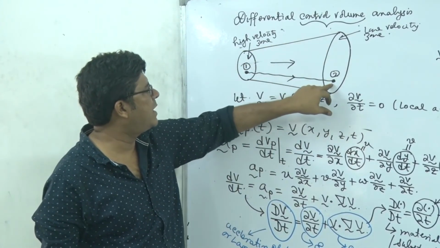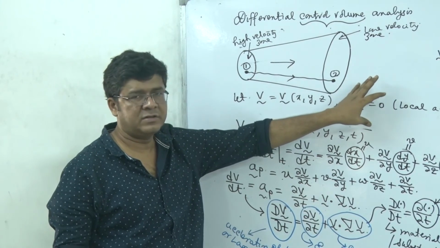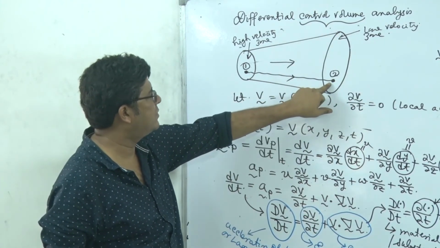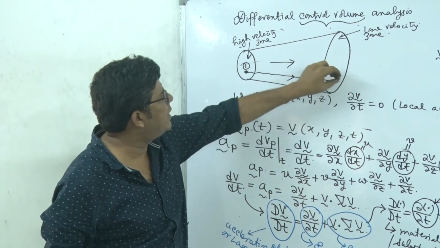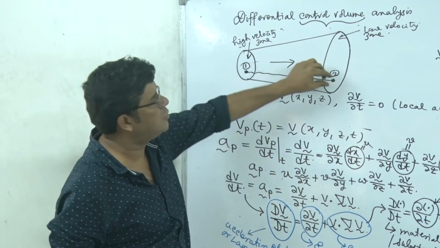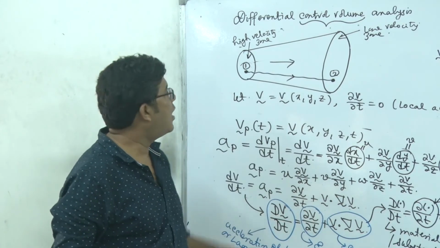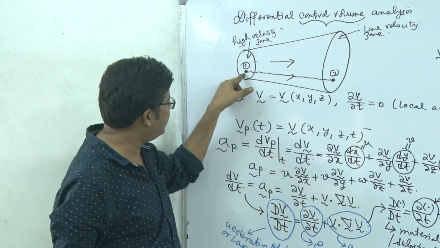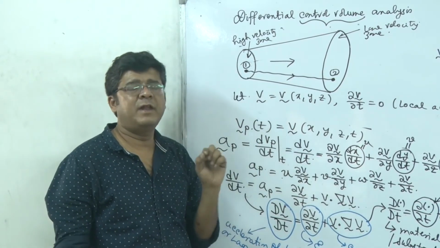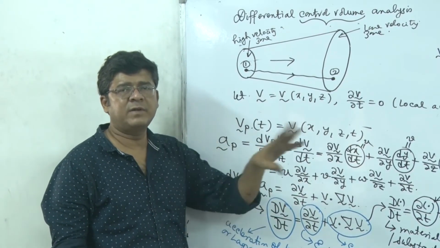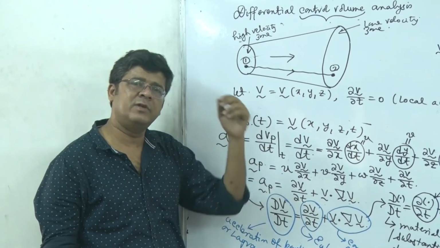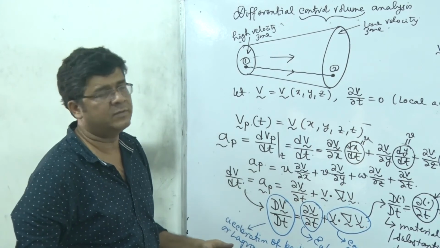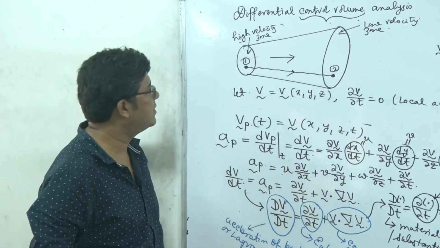At point 2, the particle's velocity is small because the cross section is large. So the particle's velocity as it moves from point 1 to point 2 decreases. However, at point 1, at this specific point, the velocity is not changing with time. Whatever particle passes through point 1 will assume the same velocity, which is the characteristic of that point, and that is not changing with time because it is a steady state field.